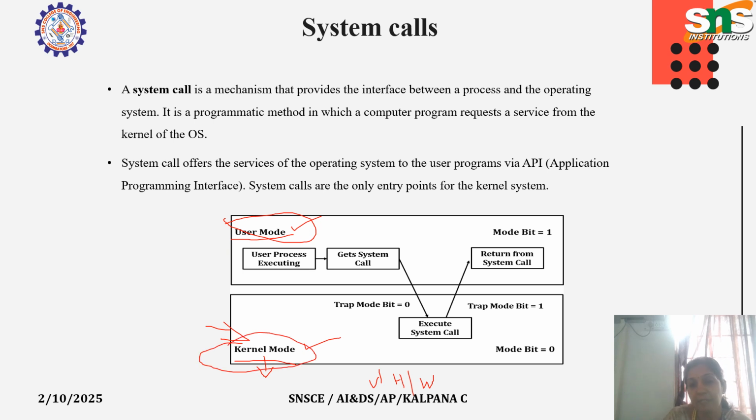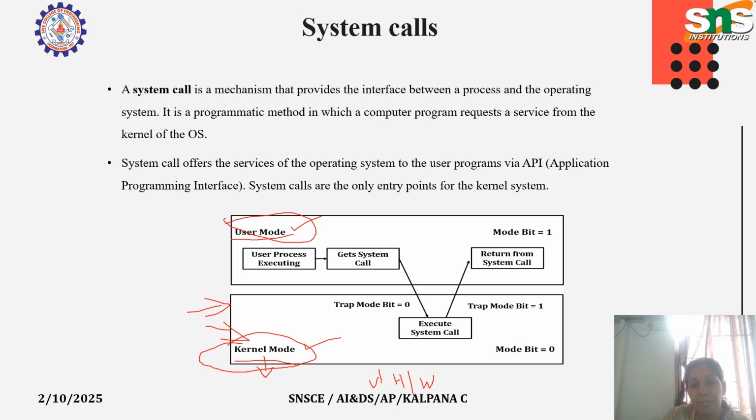Why we are restricting the execution of any program in kernel mode is that the kernel mode is very sensitive. It does all the operations of your system, like memory management and all sorts of management, resource management. Everything is performed, maintained and managed by your kernel.